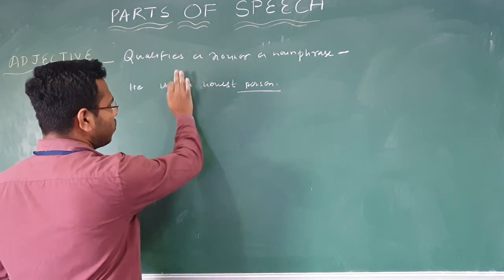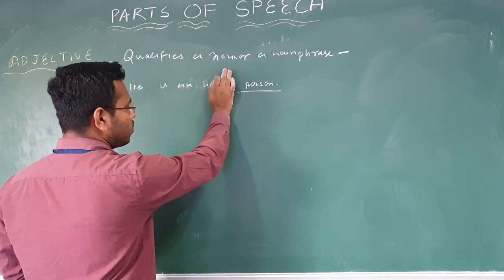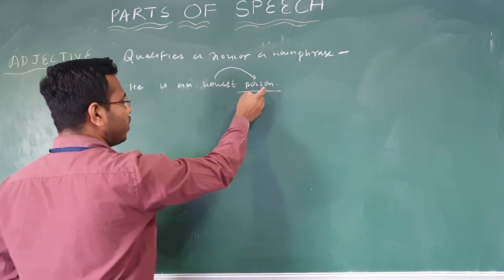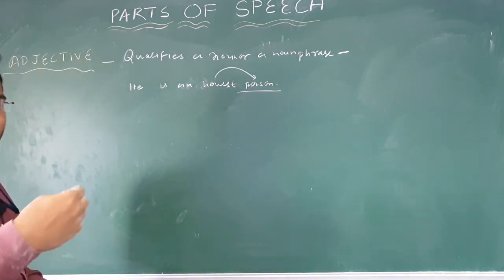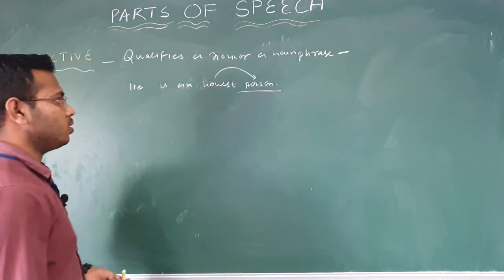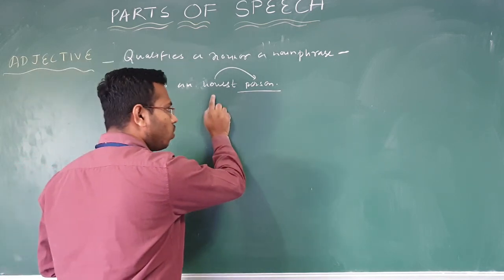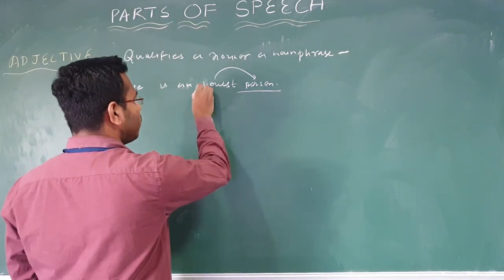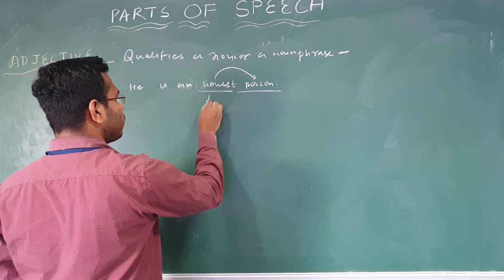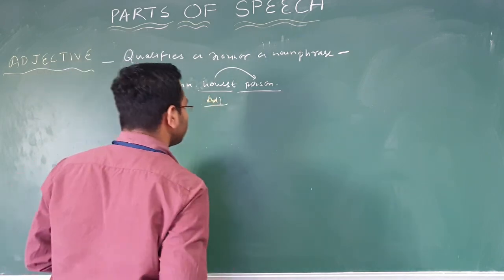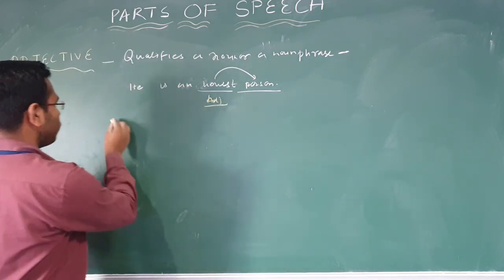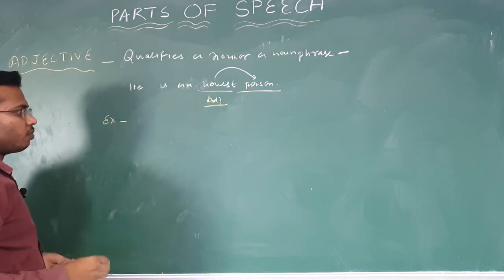Suppose there is no honest, he is a person, and honest is qualifying this person. It is modifying the meaning of person. What kind of person? He is an honest person. So honest here is an adjective.